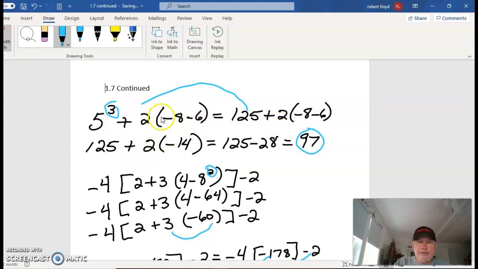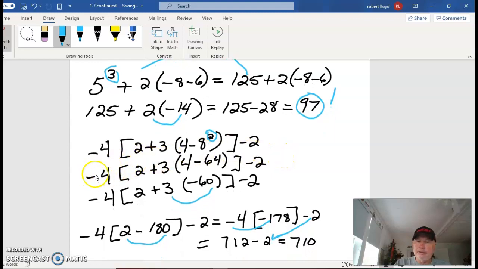So the next step is to take care of our quantity. So that'd be 125 plus 2 times, in parentheses, -14. The -8 and the -6 combine to make -14. The next step is then to multiply this. So we have 125 minus 28 for our final answer of 97.